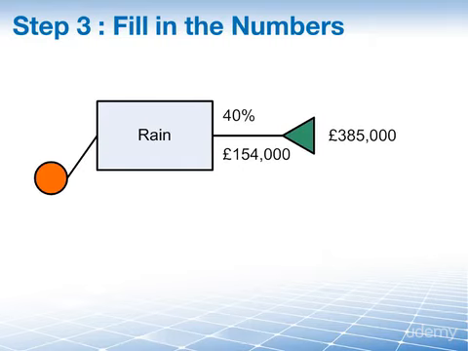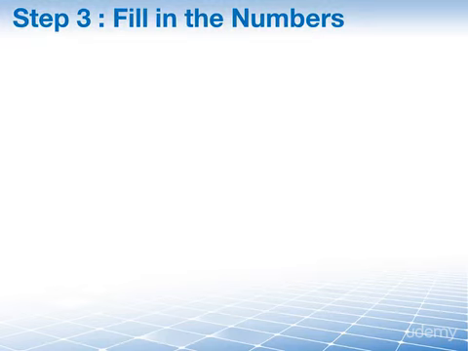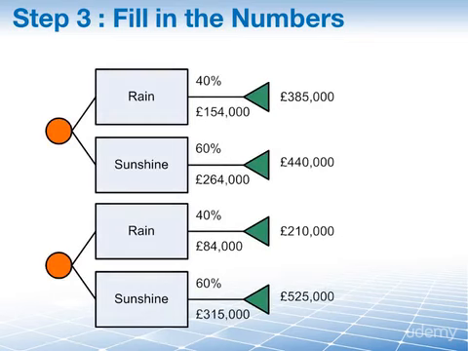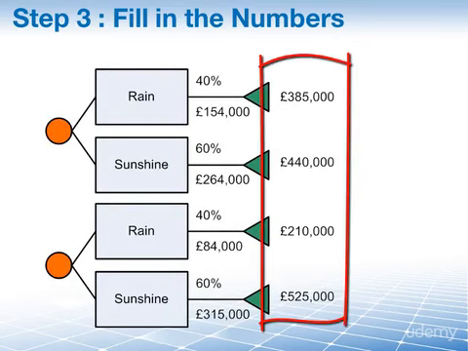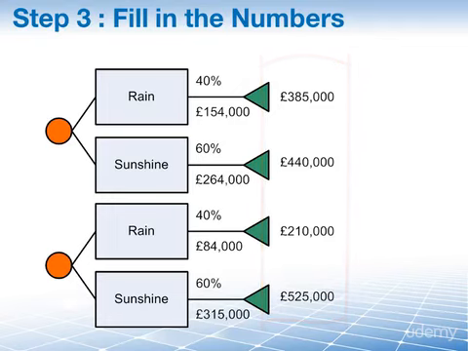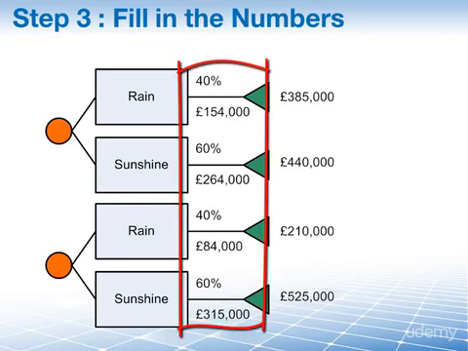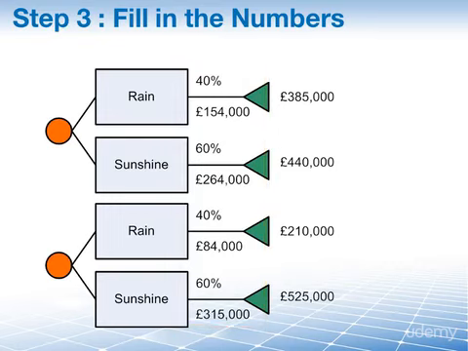So let's move forward and fill in all the numbers on the right-hand side of our decision tree. Here you go. We have filled in all the calculated income numbers to the right of our green end nodes, and then we took that income and we factored in the percentages of rain and sunshine, and then calculated the expected monetary value for all our 4 options and put that number underneath the percentages.